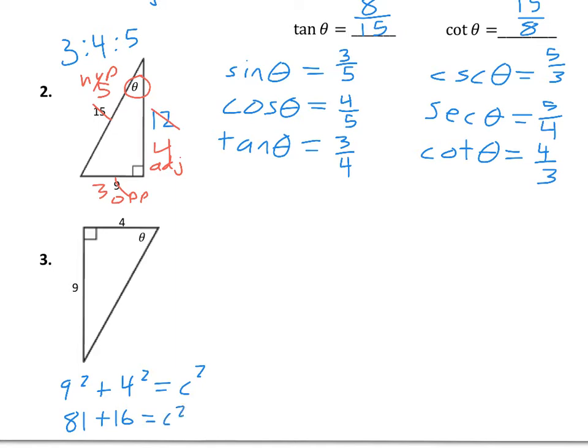So c squared equals 97. So c equals radical 97. Alright, from theta's perspective, this is opposite, this is adjacent, and this one's the hypotenuse.